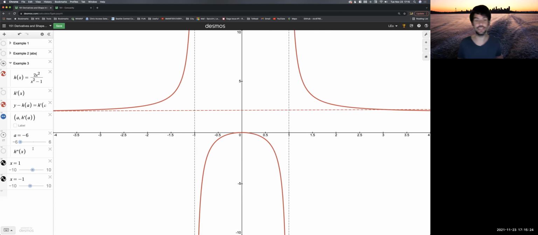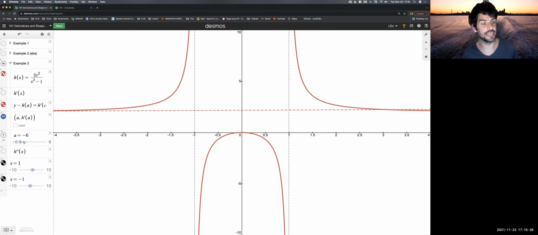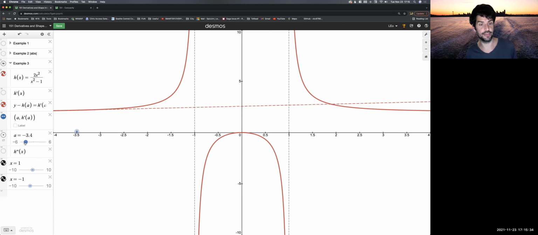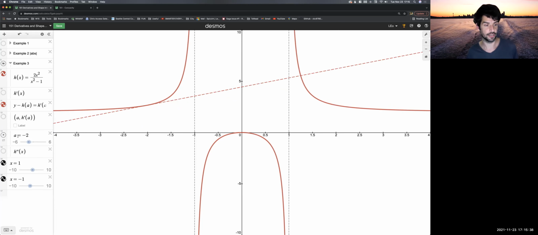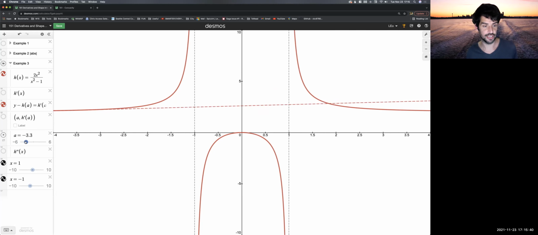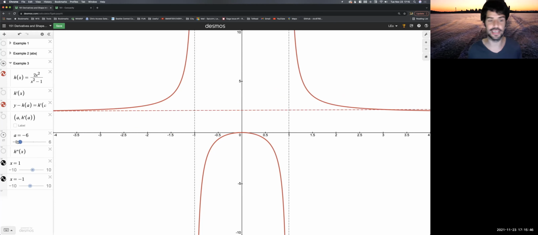So that dotted red line that just appeared is the tangent line at x equals -6. I'm gonna scroll the tangent line closer to -1, and I want us to look carefully at what's happening to the tangent line. The tangent line is increasing its slope, right? It's always a positive slope. It's hard to tell here, but slightly increasing.